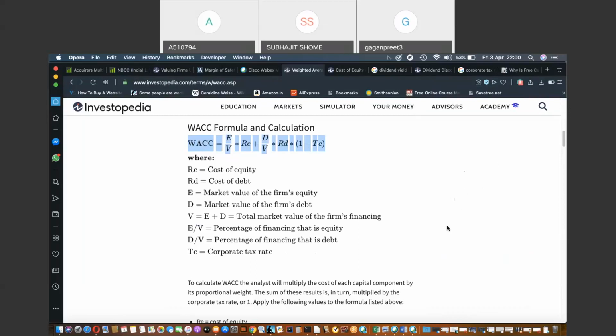Now for intrinsic value per share we need to divide intrinsic value by shares outstanding, and shares outstanding is equal to market cap divided by current price.